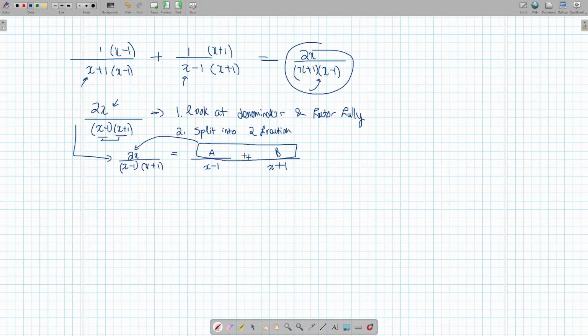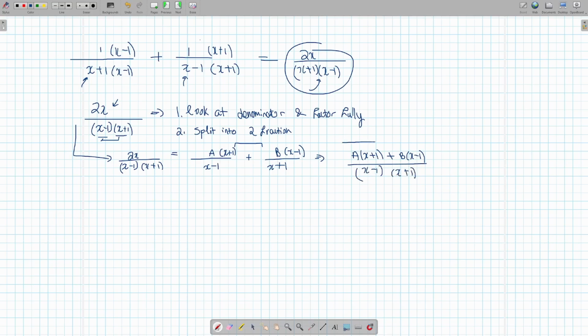Imagine we're trying to add these two fractions. What would I do? I'd multiply by x plus 1 here and by x minus 1 here. So my new numerator is going to be A(x plus 1) plus B(x minus 1) over the denominator x minus 1, x plus 1.